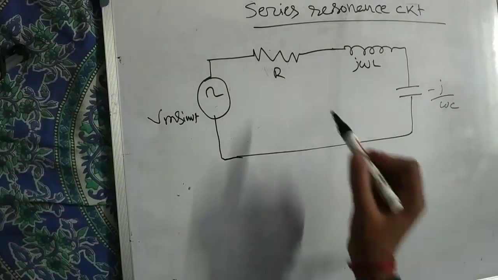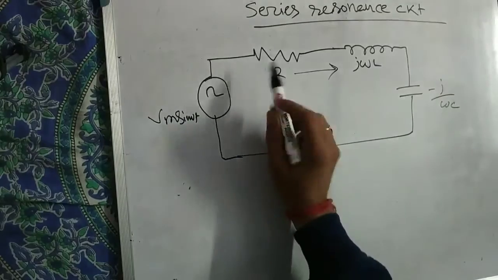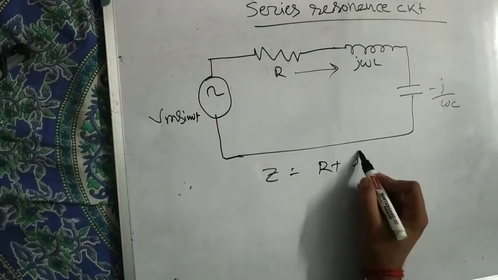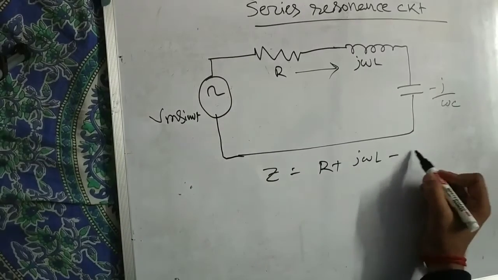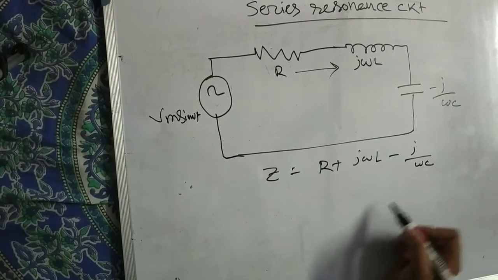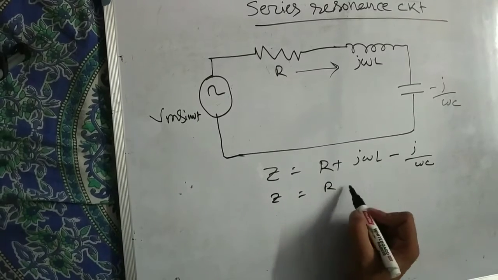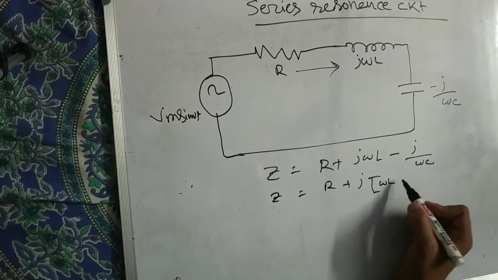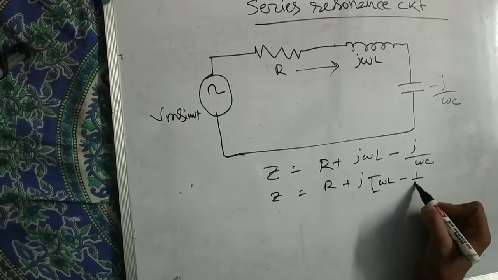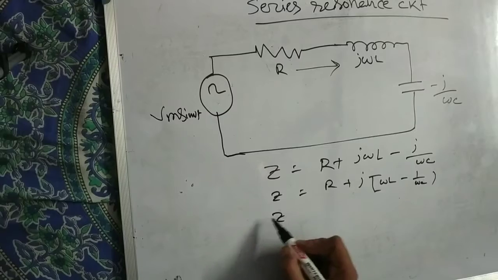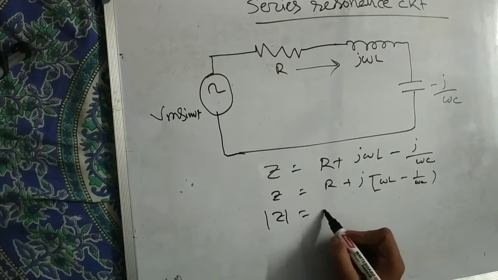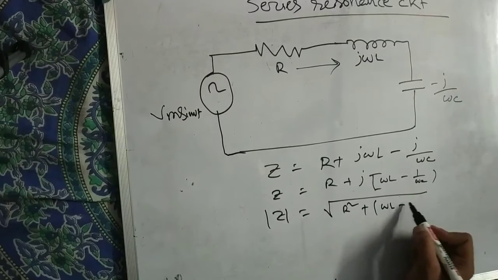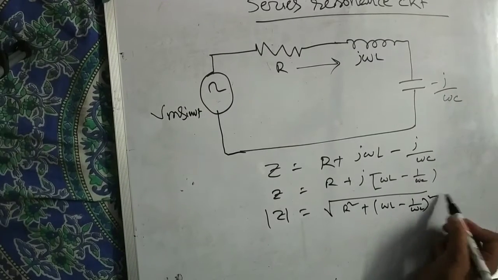The current flows through the total impedance of the circuit, which we all know is R plus j omega L minus j by omega C. So R plus j, common, omega L minus 1 by omega C. If we want to find the magnitude, Z will be the square root of R square plus omega L minus 1 by omega C whole square.